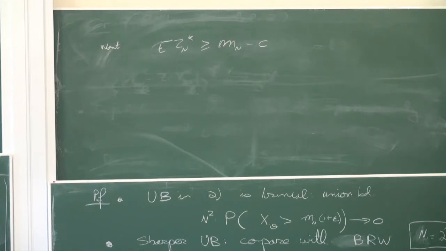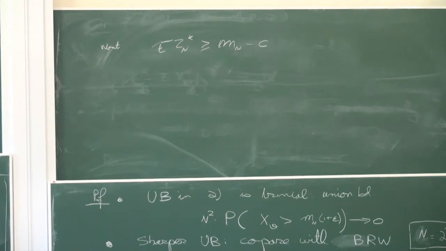There is nothing periodic. I never discussed the Gaussian free field on a torus. The only place where I discussed the torus was for the modified branching random walk. So my Gaussian free field is always on the box with Dirichlet boundary conditions.